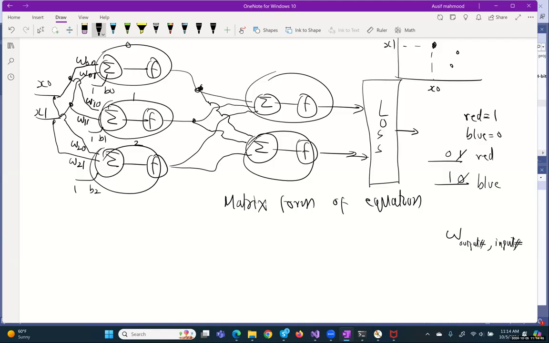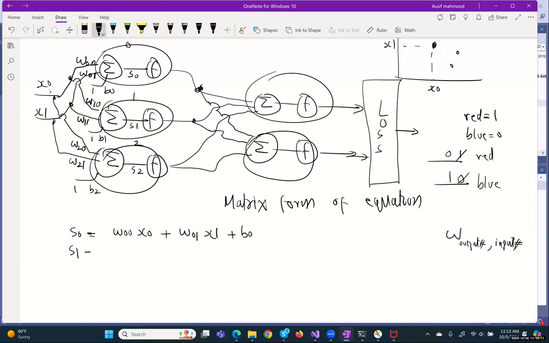So let's write the equation for S0, S1, and S2. So if we write the equation for S0, what will this be? Okay, this will be W00 times X0, right? These two are being multiplied, plus W01 times X1 plus B0, right?